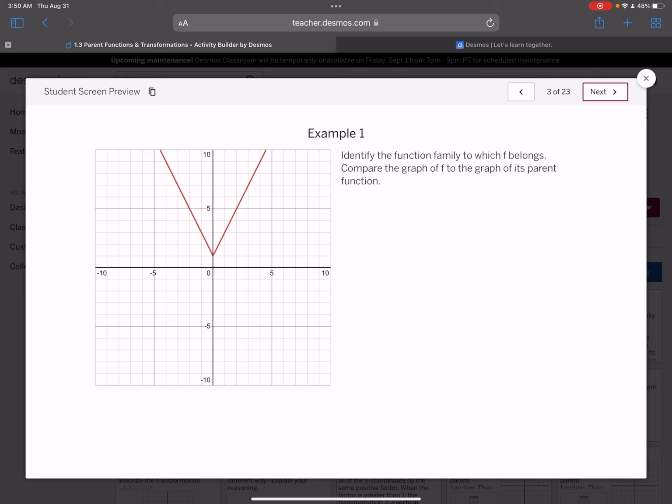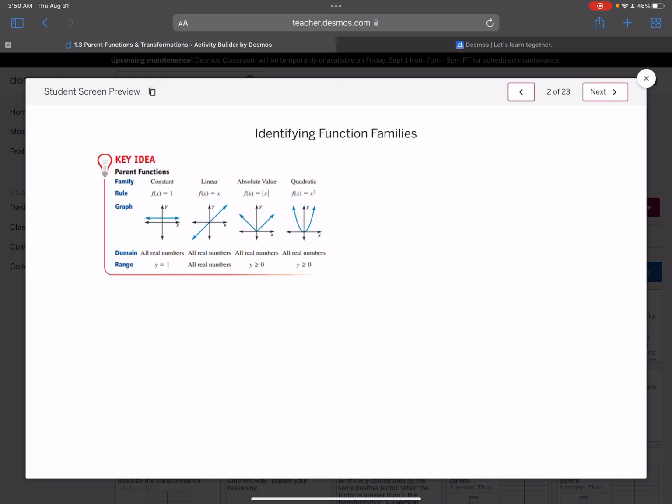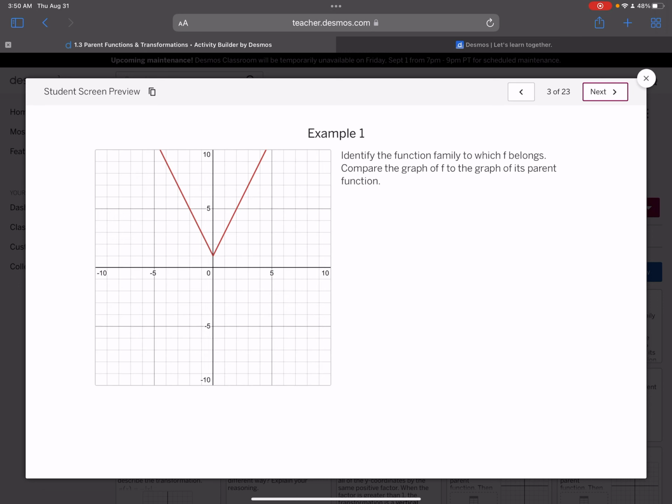So I know that it is at least a translation up. It also kind of looks like maybe it was vertically stretched. So if you took a rubber band and you stretched it vertically, it tends to get thinner, right? So this one looks like it might be a vertical stretch.